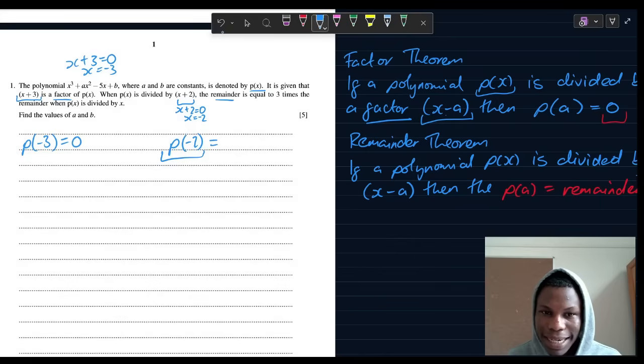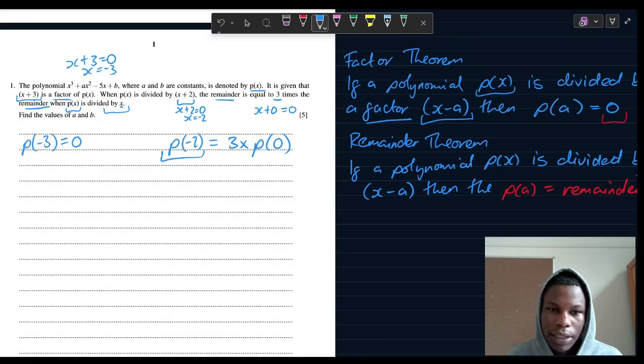And we're told that the remainder is 3 times the remainder when p of x is divided by x. So that's 3 times p of 0. Because if you've got x there, that's the same as x plus 0. Then using the same idea, x has to be 0. I hope that makes sense. So the second part is from the remainder theorem.